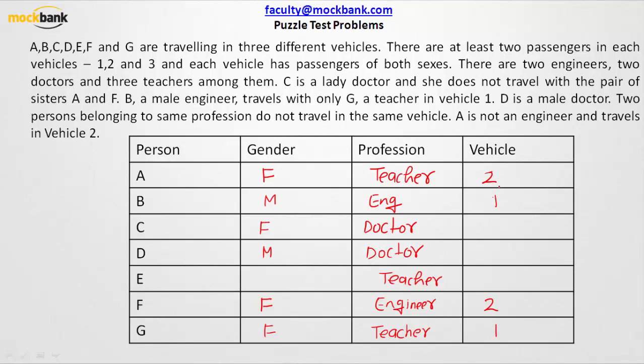Now we have got two persons traveling in vehicle number 1, B and G. There are two persons, A and F, traveling in vehicle number 2. How about vehicle number 3? Now can you see that this doctor has to travel either only in 1 or 2, because the three cannot travel together, isn't it? And vehicle number 1 cannot be further accommodated because it can have only 2 persons.